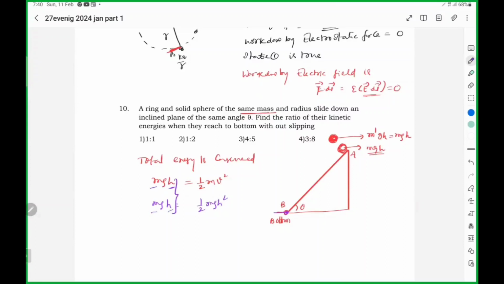So their kinetic energy ratio, say KE1 by KE2, is obviously mgh by mgh. So the ratio is obviously 1:1.